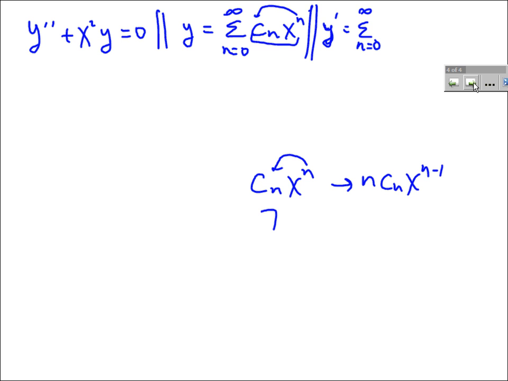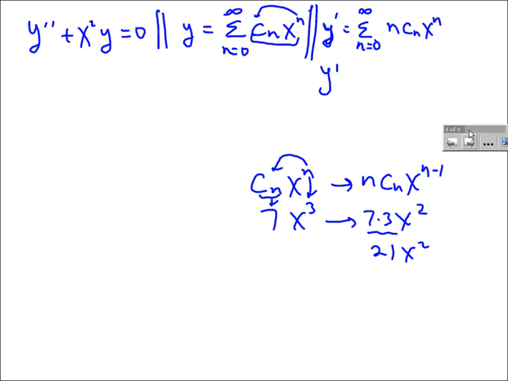Just like if you had 7x cubed. The c sub n is like the 7, and the n is like the 3. You end up with 7 times 3 x squared. Fair enough, you would never say 7 times 3, you would say 21x squared. So we're going to get n c sub n x to the n minus 1.